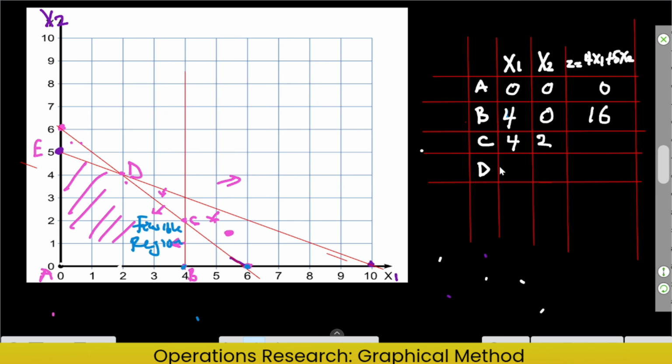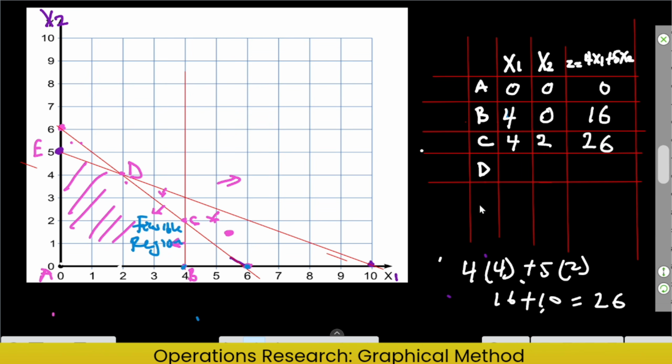Now, if you multiply 4 by 4, that will give us 16, plus 5 times 2. That will give us 16 plus 10. And that will give us a corresponding value of 26. So we have the value of 26 here.